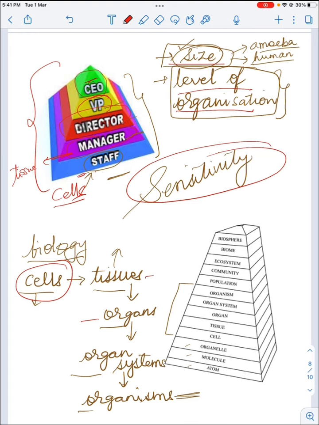This is the level of organization that we are talking about in biology. So irrespective of whether an organism is very tiny or highly evolved, or has multiple tissues or multiple organs, all living organisms exhibit the phenomena of sensitivity.